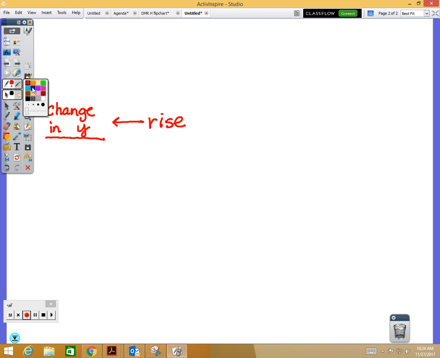And our denominator was the change in x. And the x-axis is going from left to right. So the second thing we did was once we counted up or we counted down, then we counted over to the right, okay? And that would be considered the run. So slope is a lot of times referred to as rise over run. The change in y over the change in x.